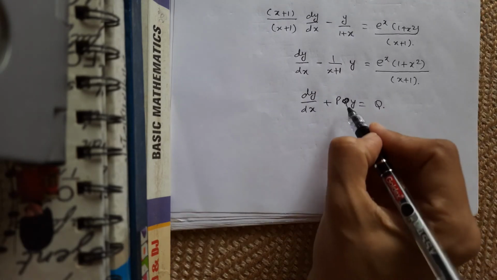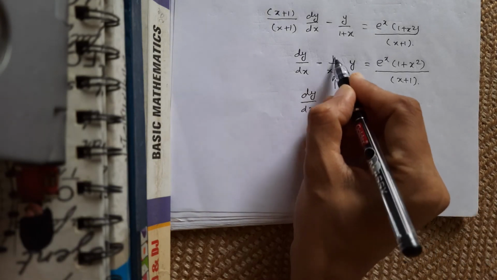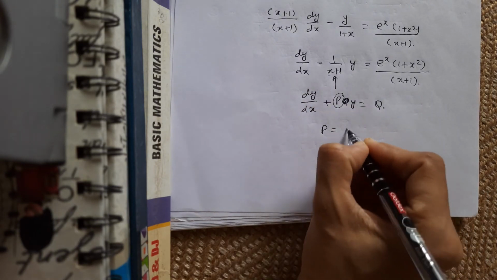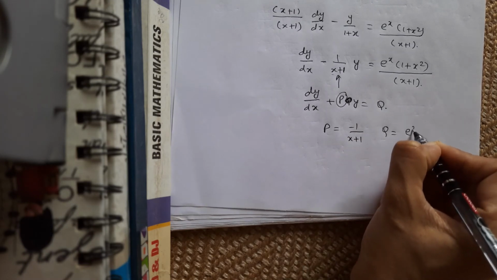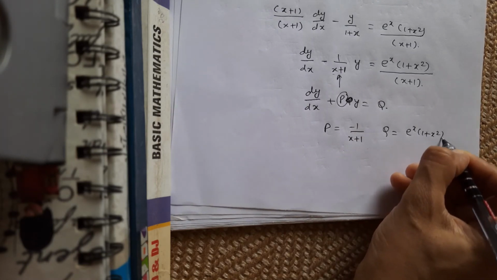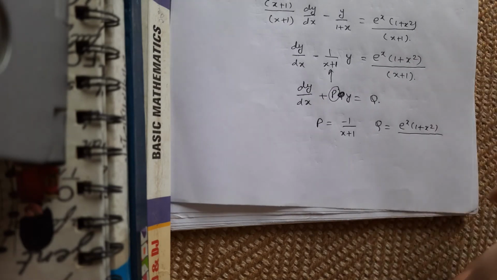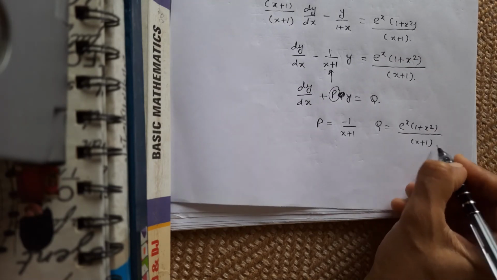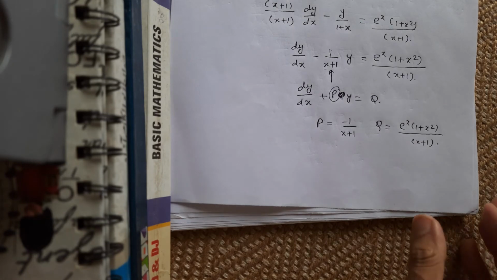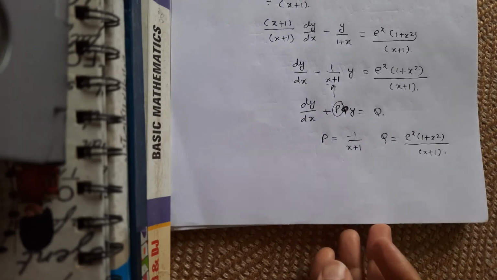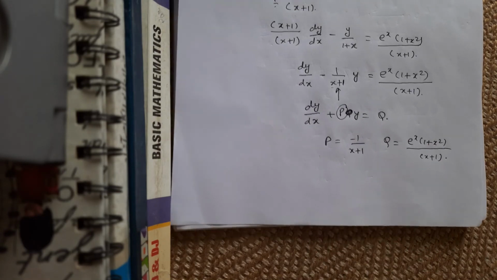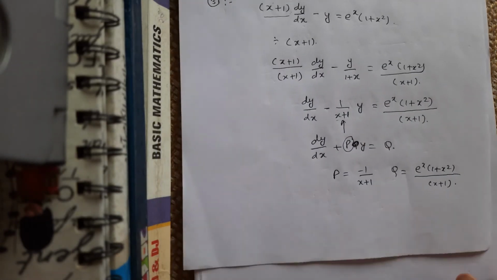So P is minus 1 upon x plus 1, and Q is e to the power x into (1 plus x) square upon x plus 1. Once I have the values of P and Q, I just need to find the integrating factor.